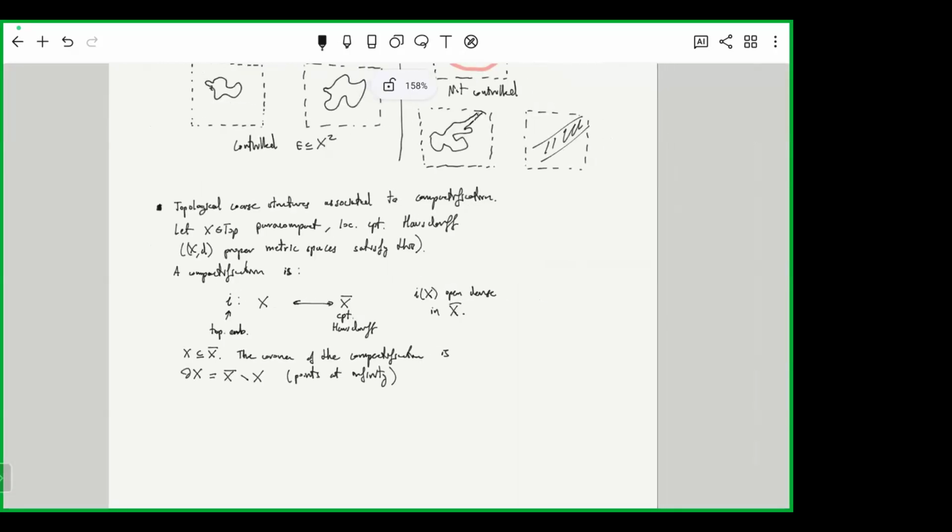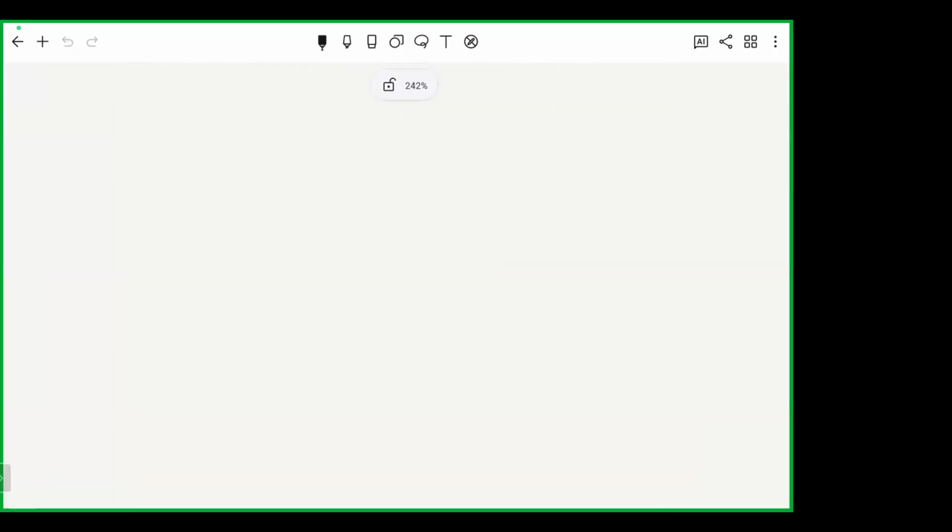So definition: to the compactification, I will define the set of continuously controlled subsets, continuously controlled sets. They are controlled by the compactification. So the definition is as follows.